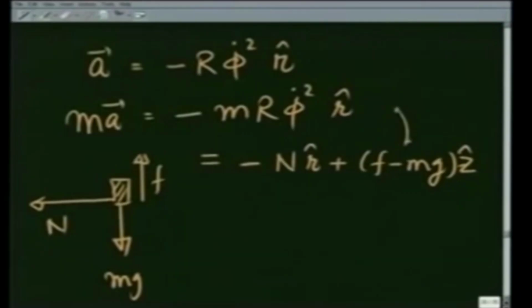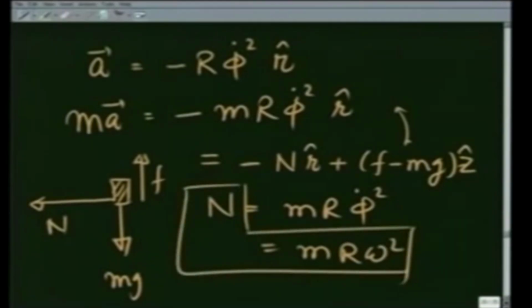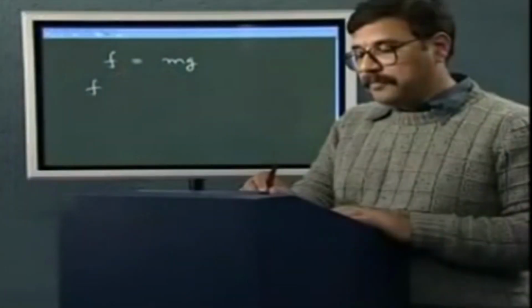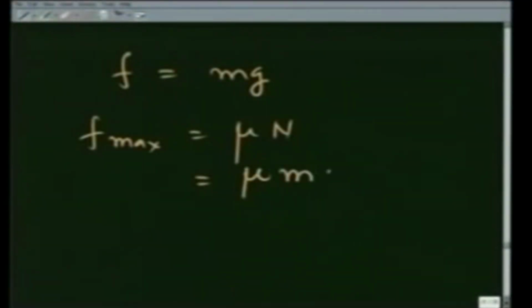Equating the two sides, we get N is equal to m r phi dot square, which is nothing but m r omega square, and the other equation gives me F equals mg. Remember, F max is mu N, so that is going to be mu m r omega square.